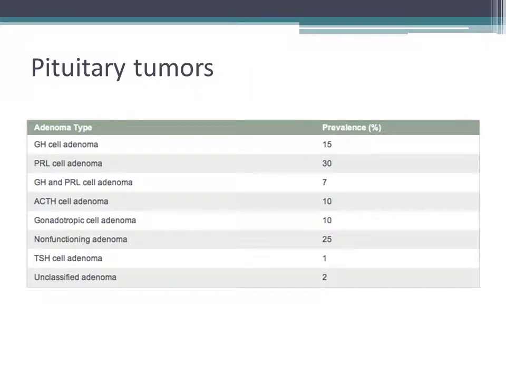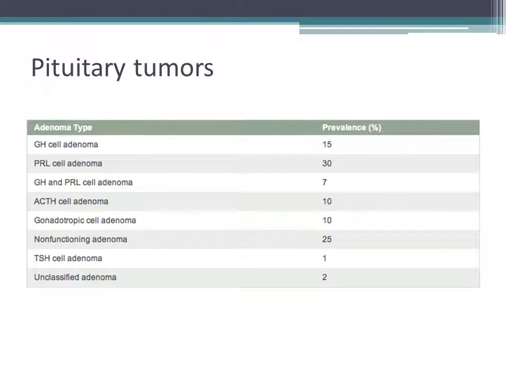So in terms of prevalence of pituitary tumors, there are different reference studies that we go back to, and thus you find different numbers in different books. But in general, the most common secretory tumor is the prolactin producing tumors, and they compete with non-functional adenomas, which is more common in general.